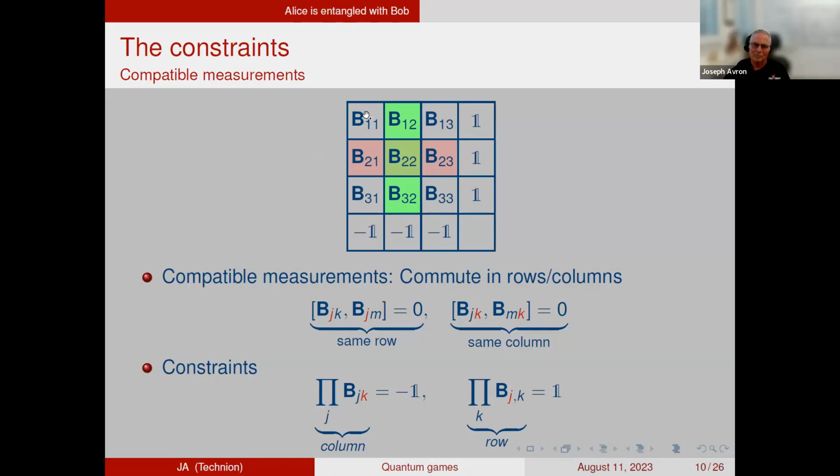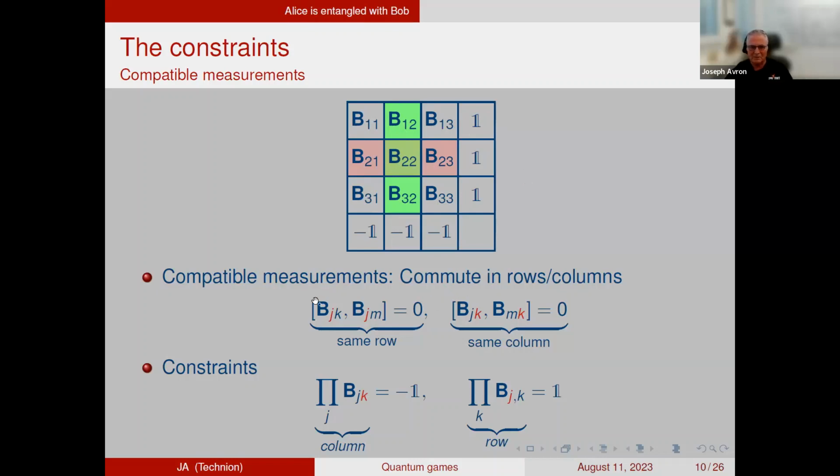And similarly for Bob, since Bob has to measure the 3 observables in a column, we want the observables in each column to commute. So observables in rows and columns will commute, but in general, say the observables B31 and B22 need not commute, and they will not commute.